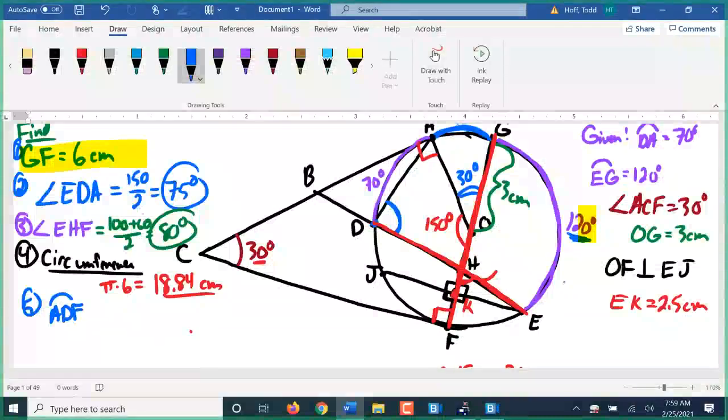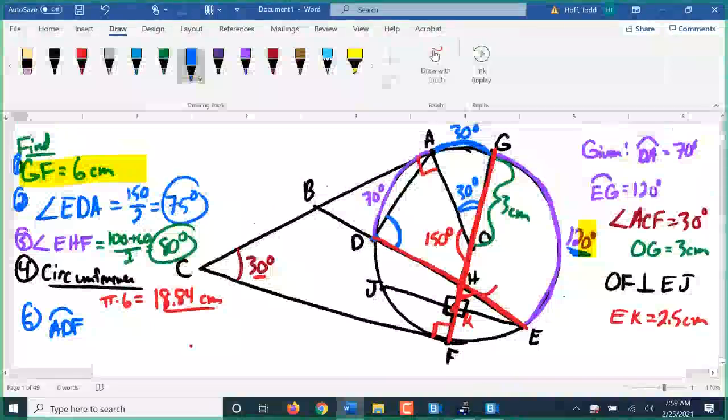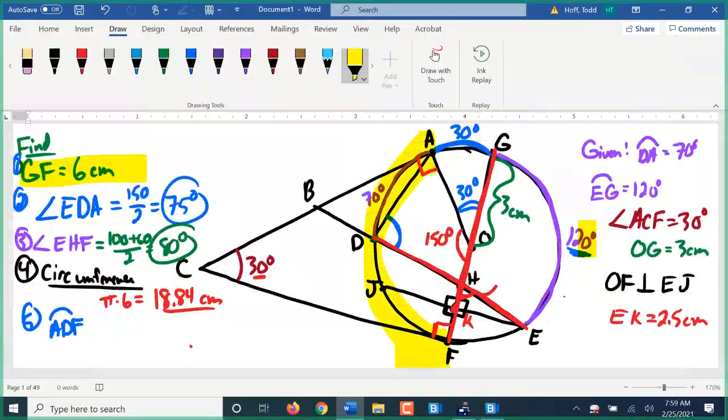I want you to find arc ADF. Arc ADF goes from here to here. I'll give you a second to look at that and see what you can come up with.